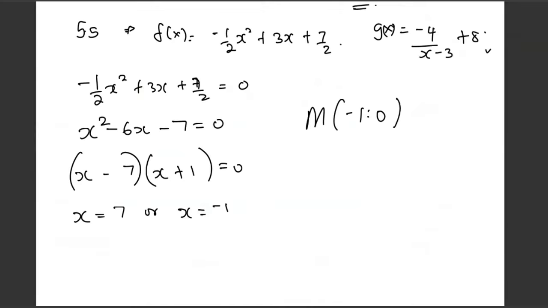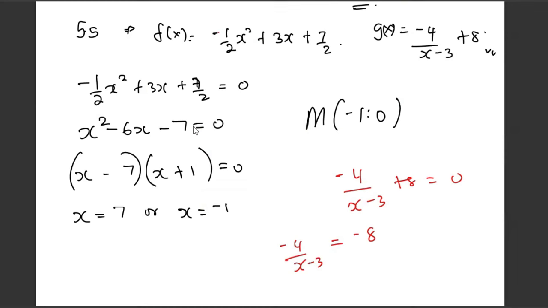Then let's get to the hyperbola and do the same thing. Replace the y with 0. So that's going to be -4 over x minus 3 plus 8 is 0. Move the 8, so -8 is equivalent to -4 over x minus 3.